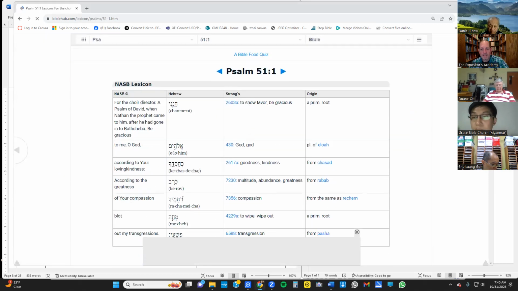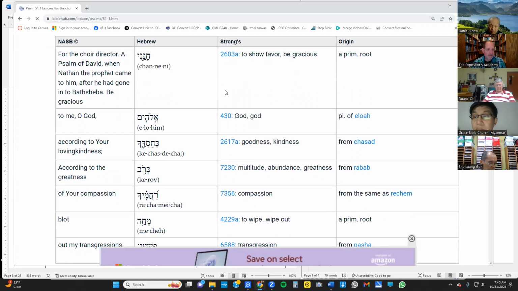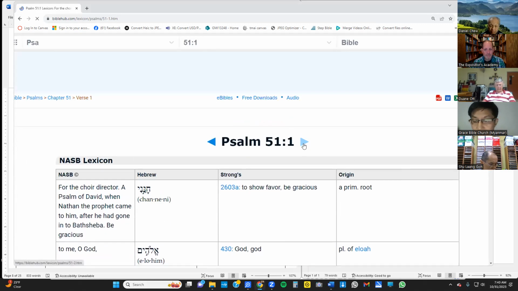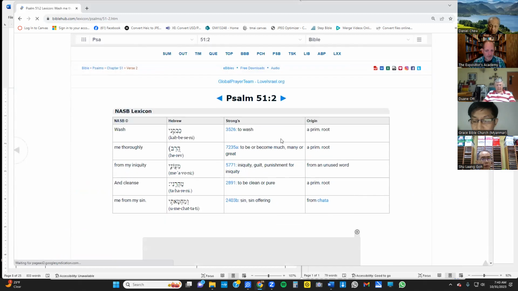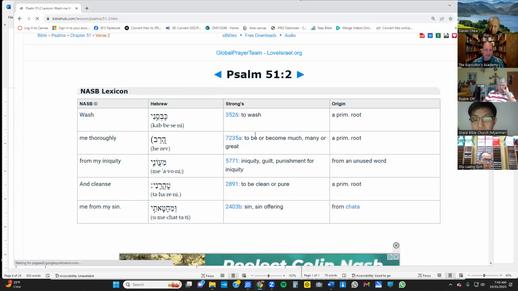So here's the lexicon. It breaks down the different words in the text. So if we go to verse 2, this is verse 1. We go to verse 2. It doesn't show us the word order like the interlinear does, but it does give us each word that's used in the passage, and then gives us the Strong's number there.